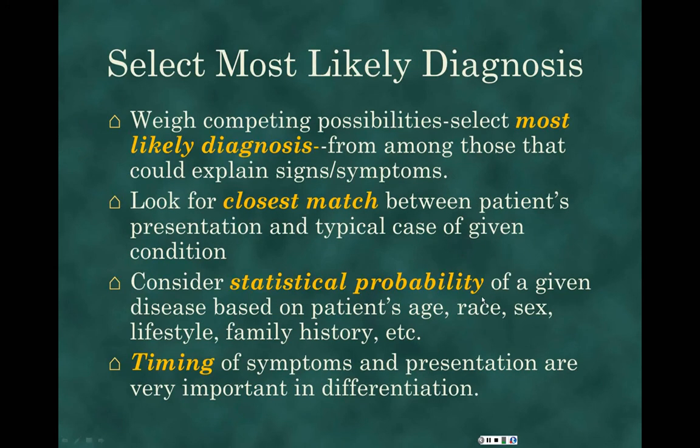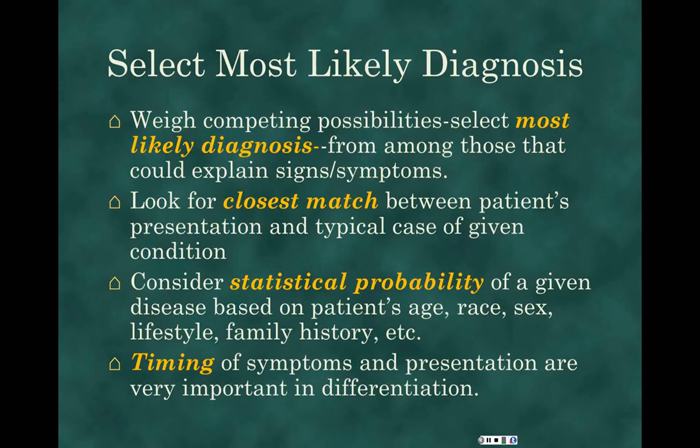So we're going to weigh competing possibilities and select the most likely diagnosis from among those that could explain these signs and symptoms. We're going to look for the closest match between the patient's presentation and the typical case of this given condition.